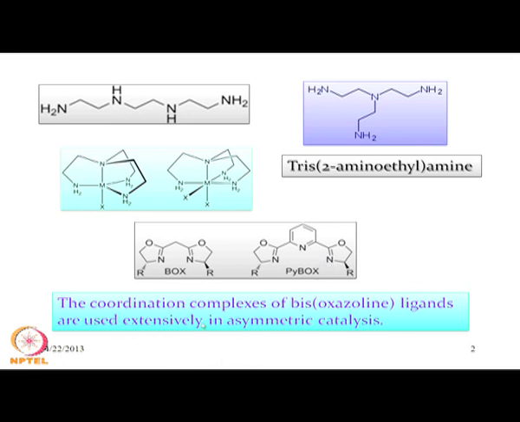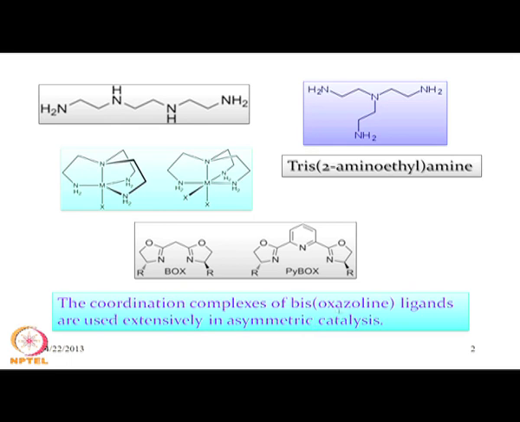So, several coordination complexes can be made with this type of ligand to see whether they are catalytically active or not. Some useful compounds on manganese or copper, and bis-oxazoline ligands, are extremely useful in different types of asymmetric synthesis.